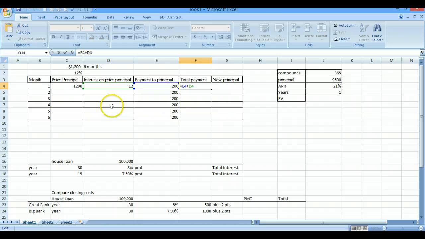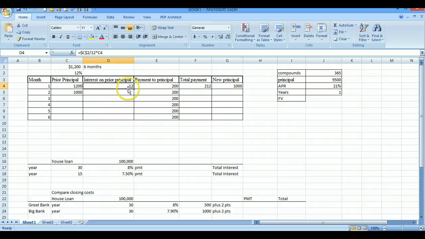If I click outside here, again, you'll notice that it referenced that cell and I didn't want that in there. So make sure if you want to get out of this, press enter. Okay, new principal. That's going to be my prior principal subtracting the payment of 200, which gives me my new principal of 1,000. And my prior principal will be this one.